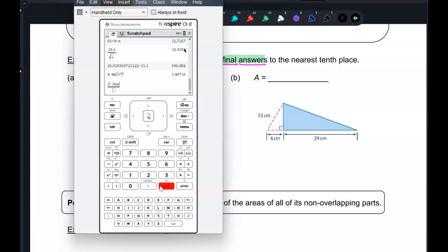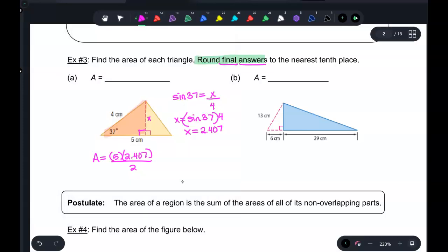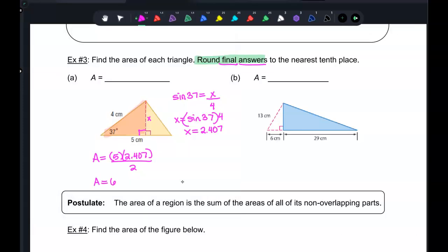That will be the most precise. Or you can also copy it. And then divide by 2. And that will be 6 point, if I'm rounding the final answer to the 10th place, 6.018. Just 6.0. We could just put 6.0 or 6. Did that make sense? Yeah. Okay.